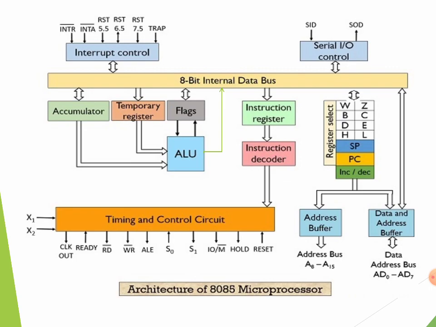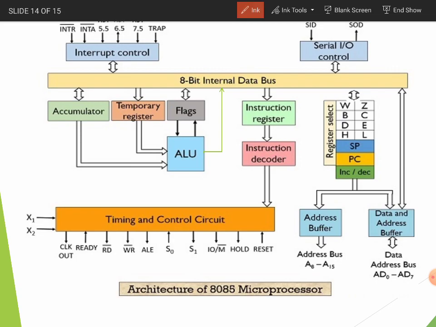Revising once again. Starting with the PC, the program counter holds the address of the next instruction to be executed. Through the address buffer, it places the address on the AD0 to AD7 bus, and on D0 to D7 it fetches the content of that memory location. The second operand will be maybe placed based on the program, because we don't know what program is written.